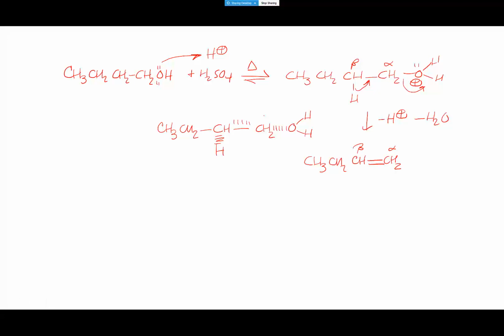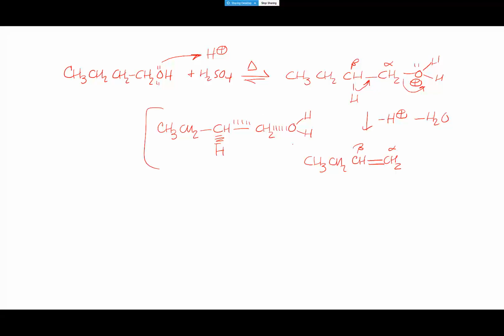Between the alpha and the beta carbon, because in that case I'm forming my double bond. So I'm breaking my CH bond to form the H plus, I'm breaking my CO bond to form the water molecule, and I'm forming the double bond.